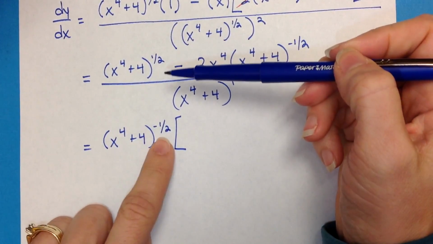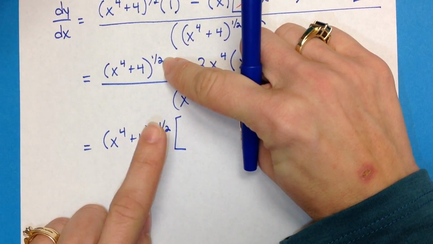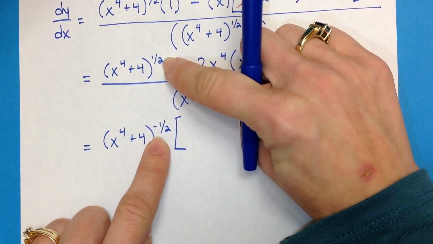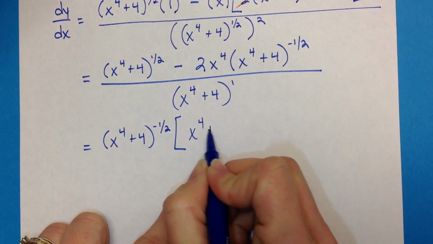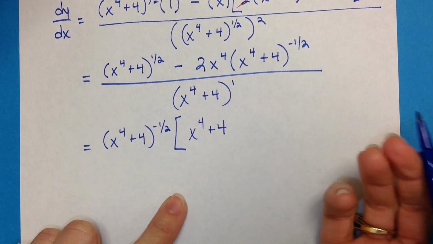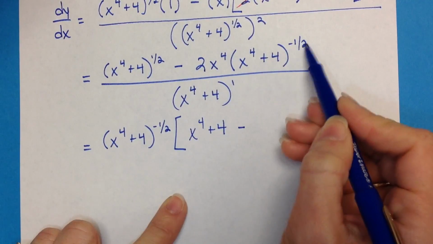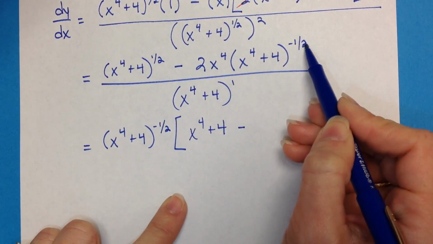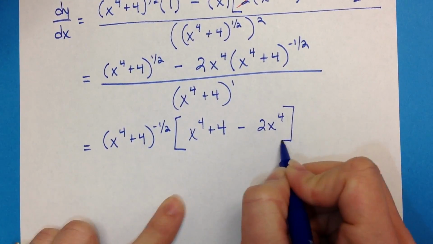Okay, so when I factor negative 1/2 from the 1/2, you remember you always do this power minus this power. So 1/2 minus negative 1/2 is just to the first power. Now I'm not going to bother putting that in parentheses to the first power. Okay, you wouldn't have to do that. Minus. Now all of this is gone because that's what you're factoring out front. So that would just leave you with the 2x to the 4th.